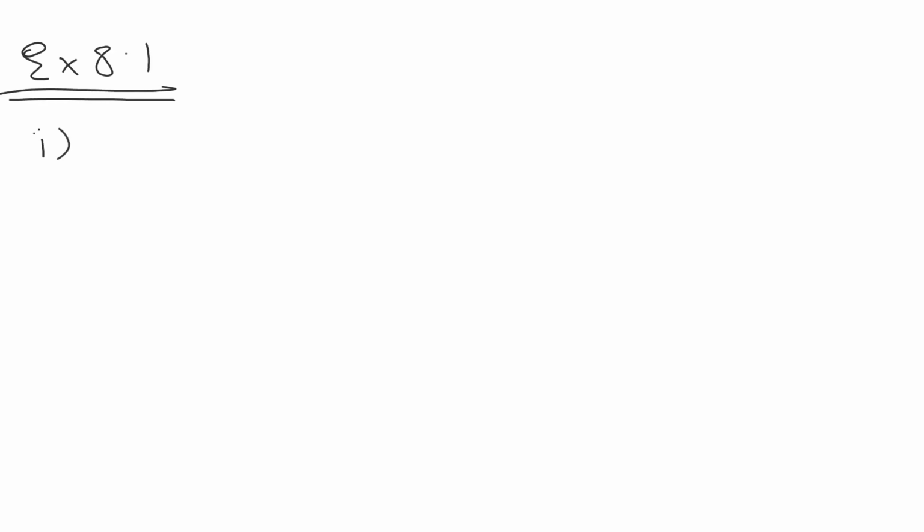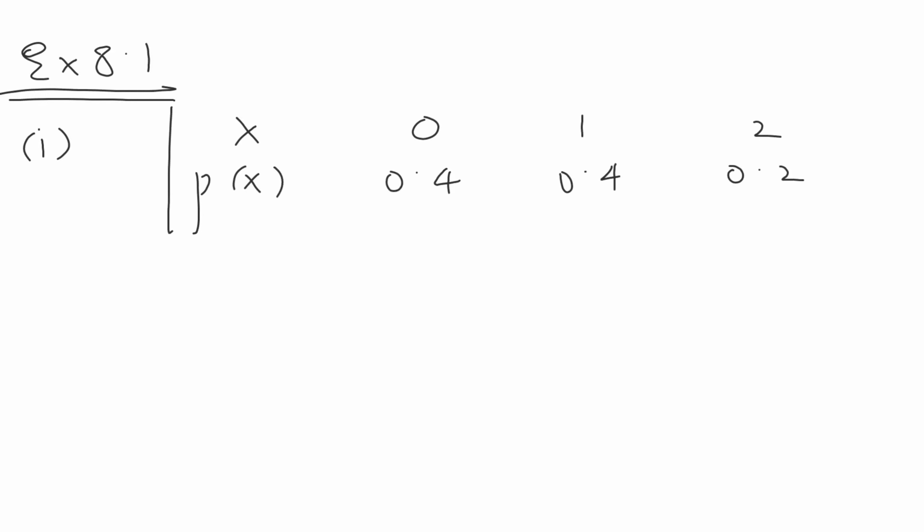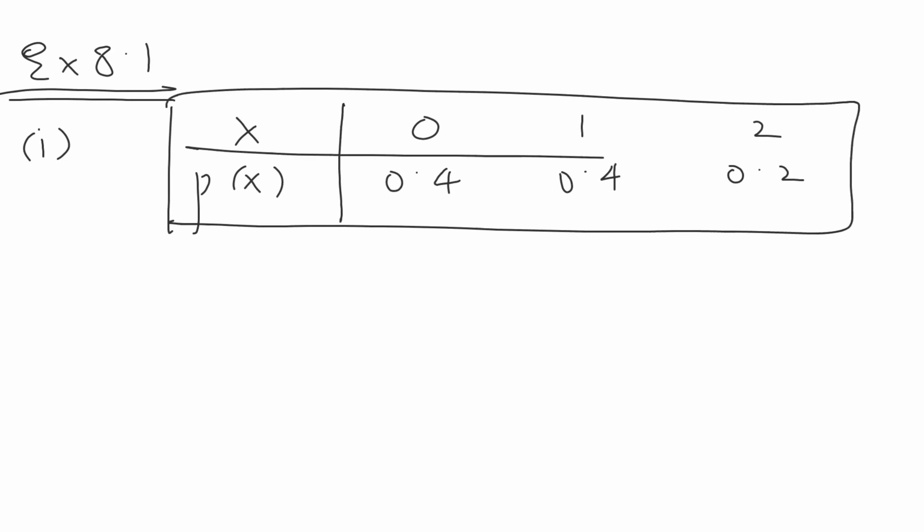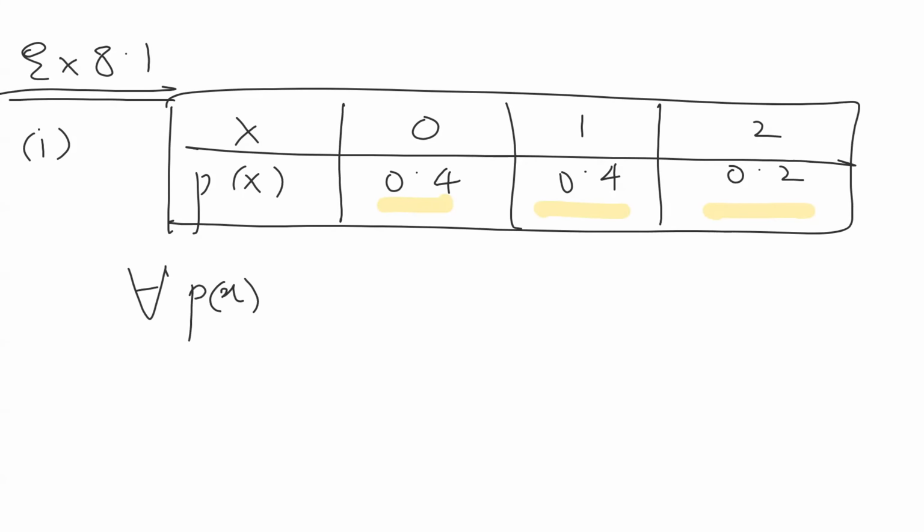For sub question 1, they have given the table. I'll just write down the table for you. P of x is equal to 0.4, 0.4, 0.1, 0.2. Now check each and every individual property. This inverted A is called 'for all'. All probabilities are greater than or equal to 0.